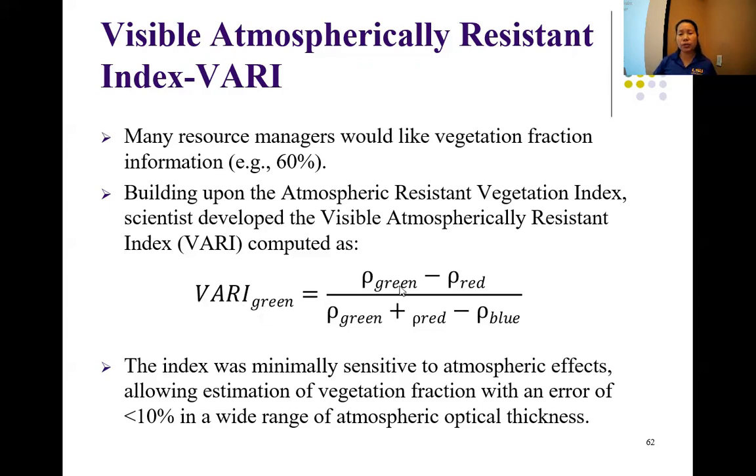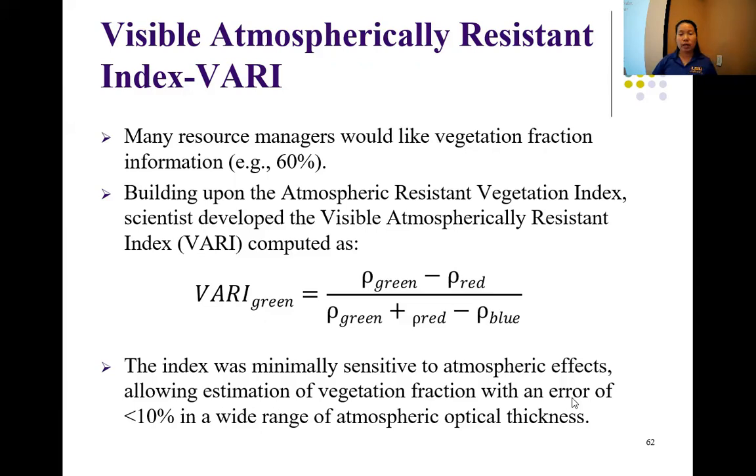So VARI green equals the reflectance in the green band minus the red band, divided by the bottom equation, which is green plus red minus the blue band. So if your data have green, red, and blue, you can calculate this VARI green.